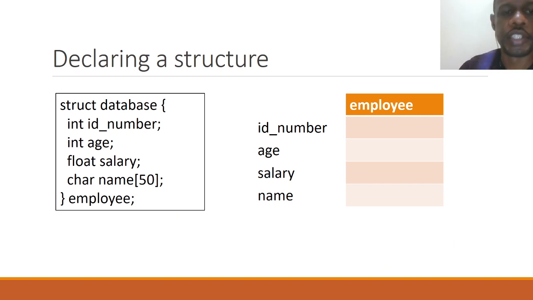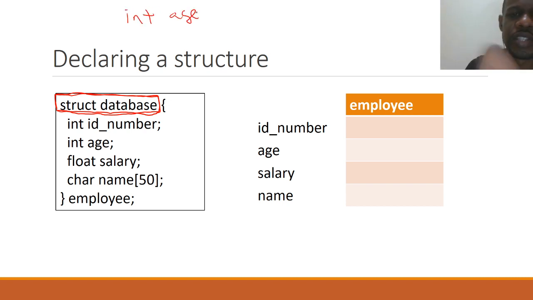When you're declaring a structure, you need to give it a name. So you have to use the word struct and a name for it. When I say struct database, this is the actual data type here. Just like I could say int age, meaning I'm going to hold a number inside a box, if I say struct database, that's the same concept.